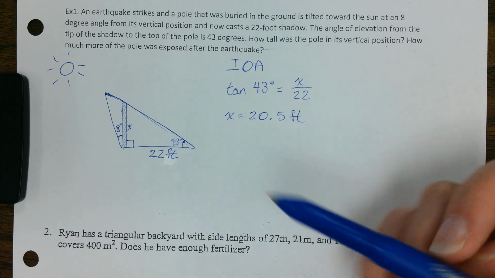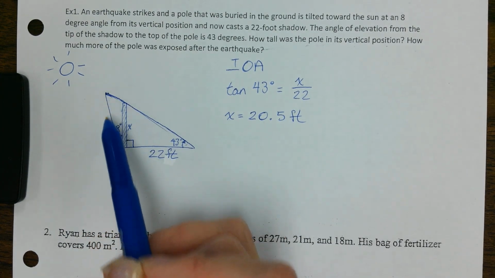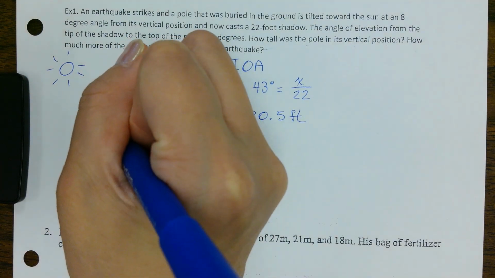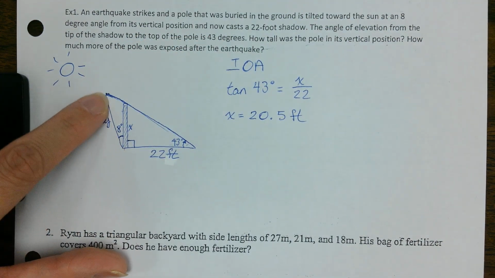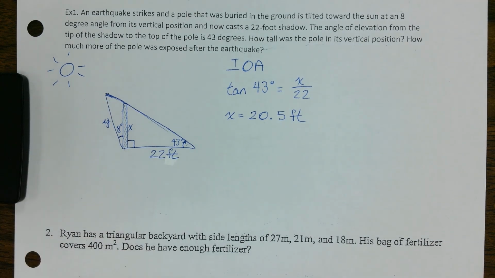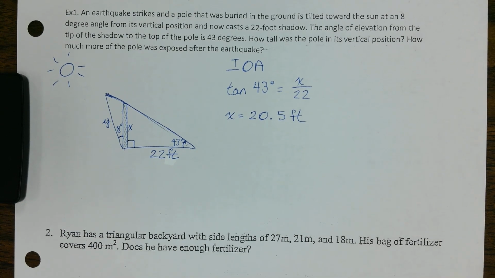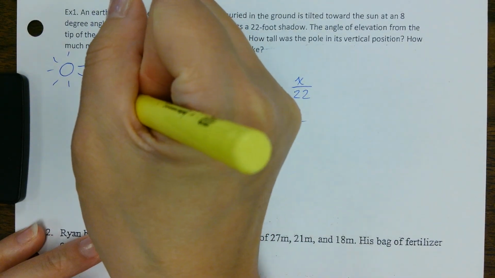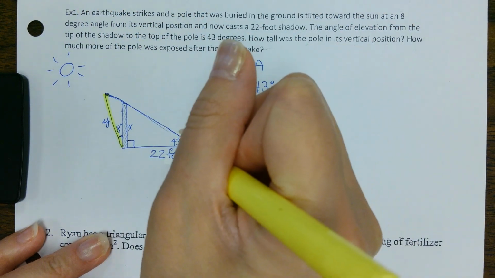How much more of the pole was exposed after the earthquake? So now we want to find out this right here, the length of this pole. Okay, so let's see now. Well, I have this side and this angle.